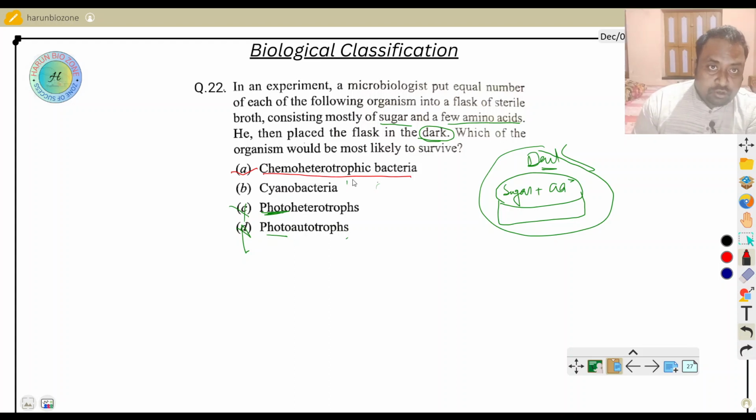They collect organic food material from their surrounding environment and survive. Here sugar and amino acids are present, and heterotrophs do not require photosynthesis. So chemoheterotrophic organisms mostly survive in dark conditions.